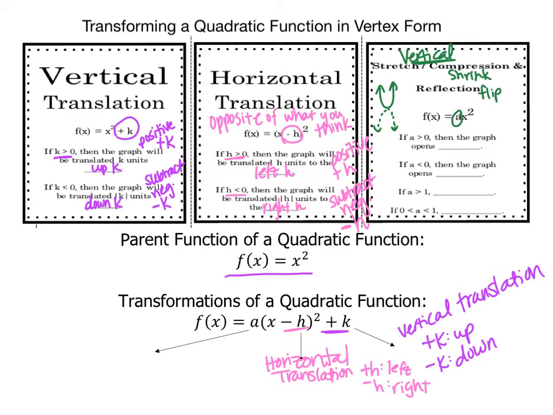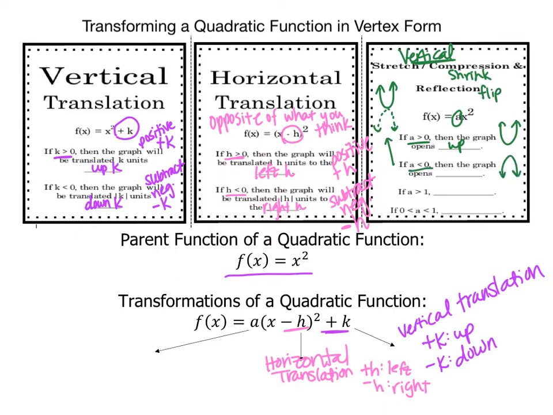It's being reflected. That's going to happen when I have a negative in front. If I have a positive value, then it's going to open up. If I have a negative value, then it's going to open down.